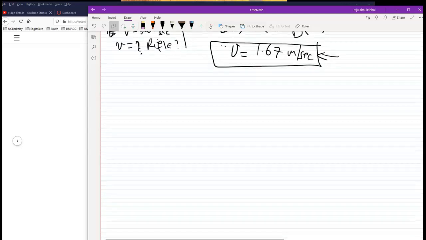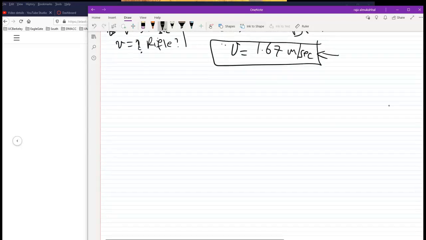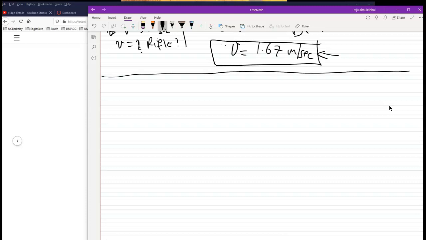All right, ballistic pendulum. What you have here is something like this. Here's the ceiling.